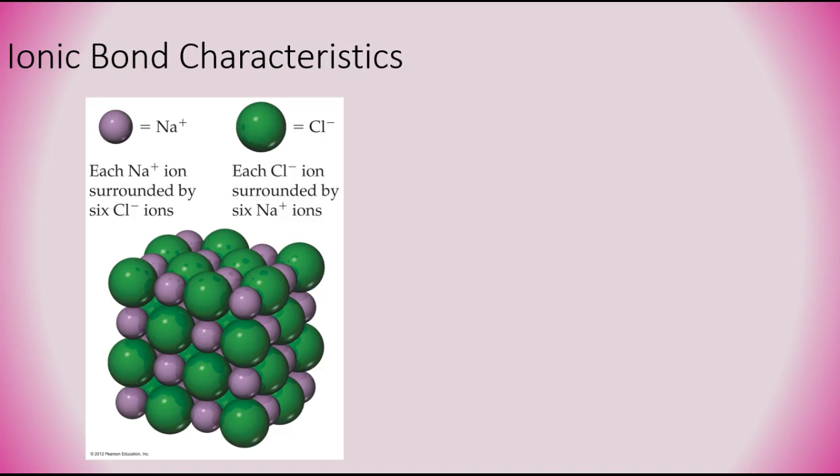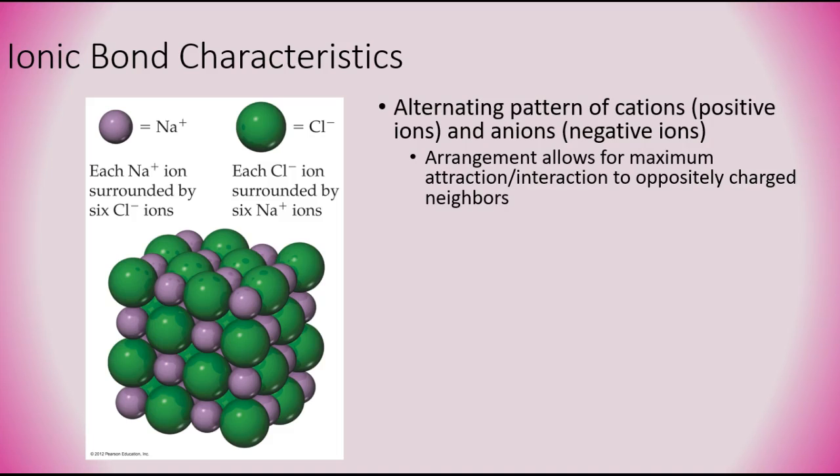So some characteristics: if I have a sample of something that contains ionic bonds, what kinds of physical properties am I going to observe? Because there's this alternating pattern of cations and anions, there's a very strong attraction, and each cation is surrounded completely by negative ions.